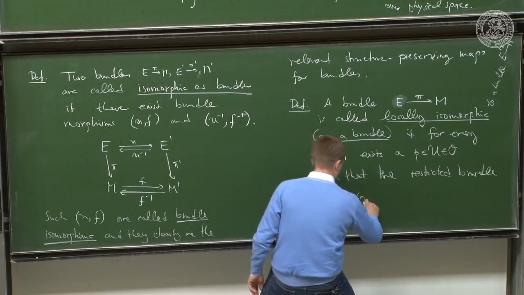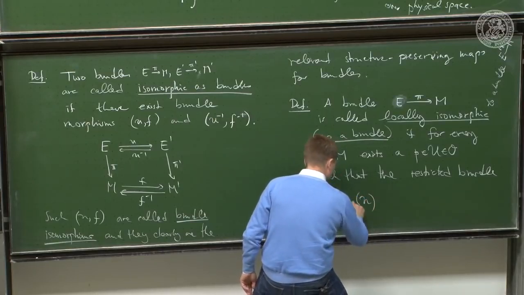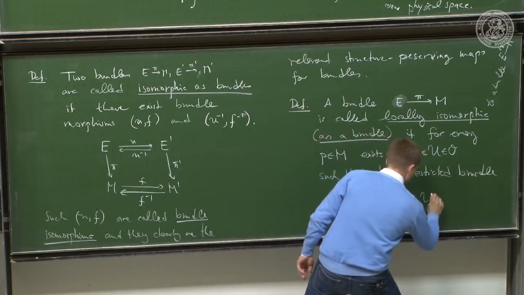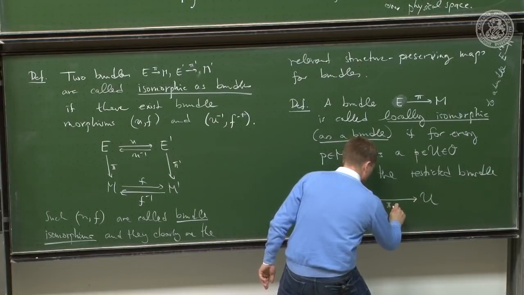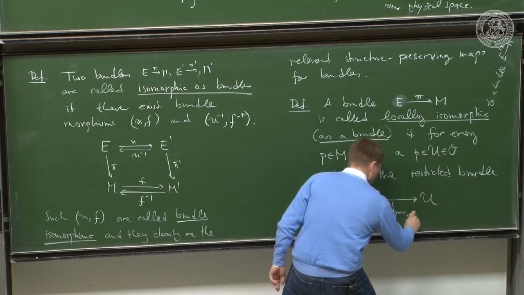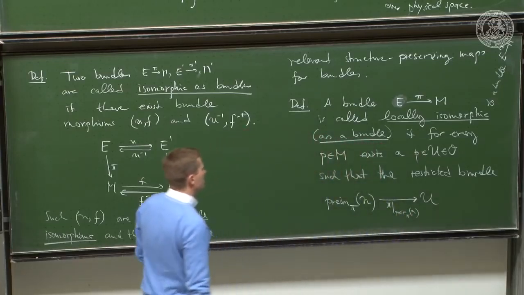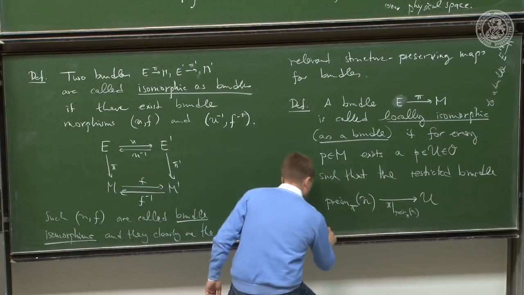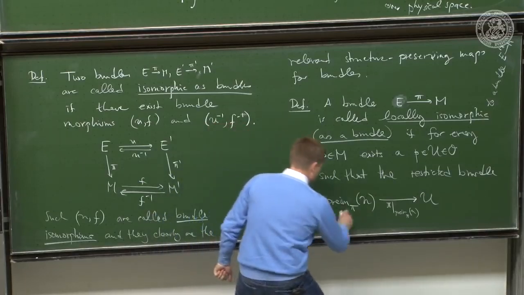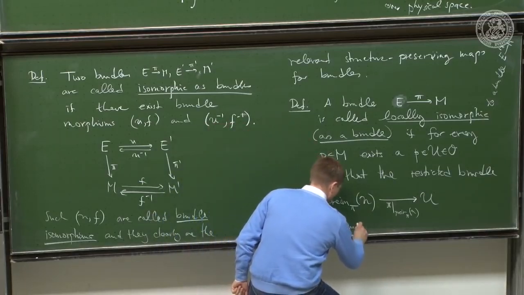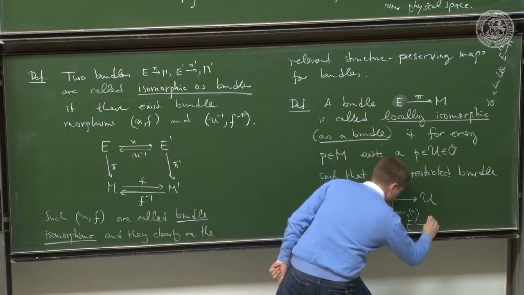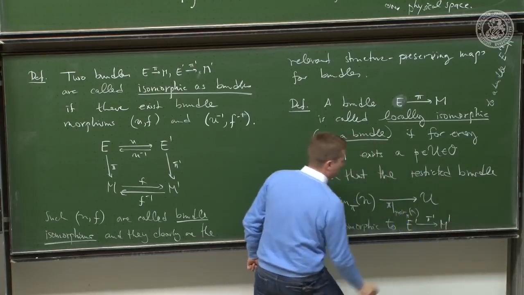This was the pre-image of U with respect to pi, mapped to U, and here the projection map was defined as the restriction of pi to the pre-image of U. If the restricted bundle, namely to this open neighborhood of a point P, is isomorphic to the second bundle, E prime, pi prime, M prime.